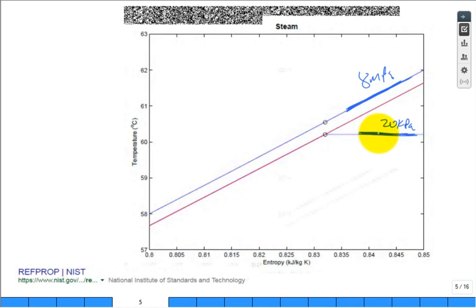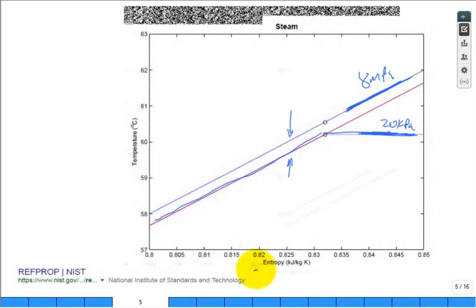And what happens to the 20 kilopascal line when it gets to the saturated liquid point? It just scoots down right here. You're saying you didn't plot it. I said it is plotted. It's just so close to the red line that we can't really see it. We had to zoom in to see the difference between the 8 megapascal subcooled liquid line and the red saturation states of the TS diagram, that side of the dome, the saturated liquid states.